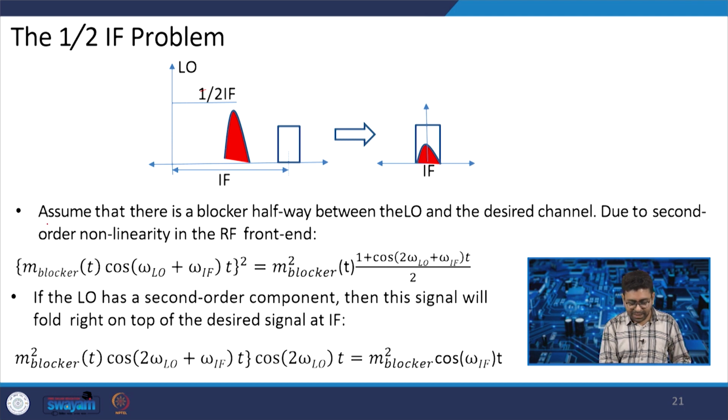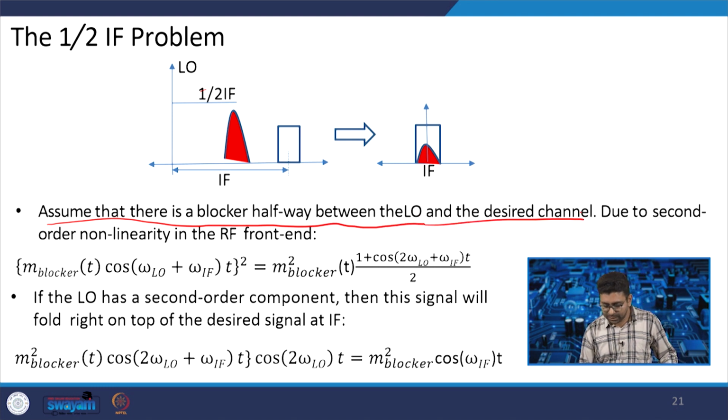If we assume there is a blocker halfway between the LO and the desired channel, then due to second order non-linearity, if we consider the blocker as cos(omega LO plus omega IF)t, and we square this term, then you will have a 2 omega LO frequency term.